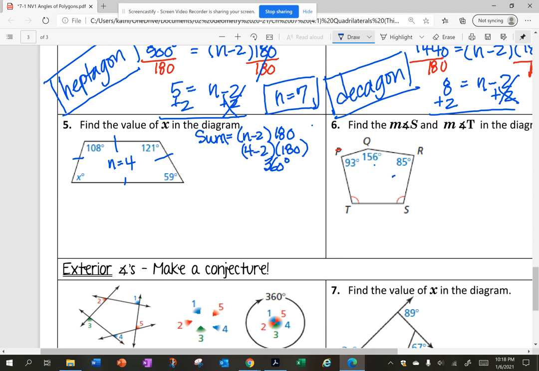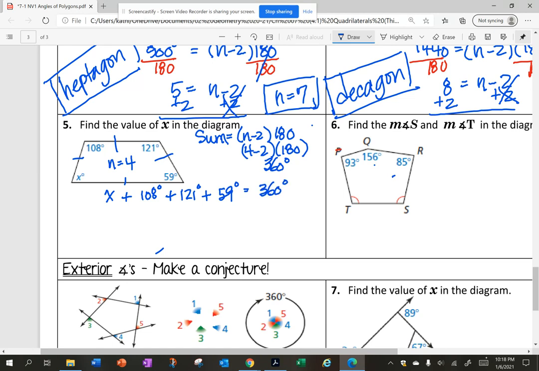Okay, so the sum is adding all my angles together. So now I can just set up and add up all 4 angles and set it equal to 360 degrees. So I can say x plus 108 degrees plus 121 degrees plus 59 degrees equals 360.